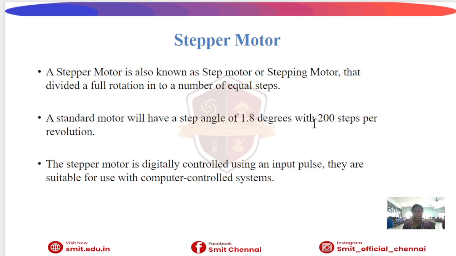The motor needs 200 pulses to complete one full rotation because the step angle is 1.8 degree and the full circle is 360 degrees. So the stepper motors are controlled by digital pulses from a microcontroller or computer. Because of this digital control, stepper motors are widely used in automation and computer control systems.